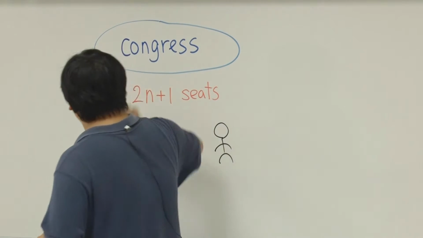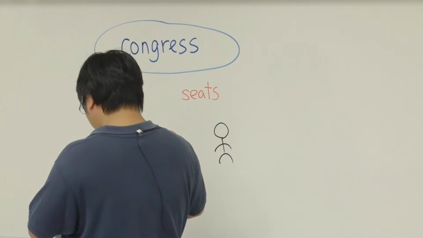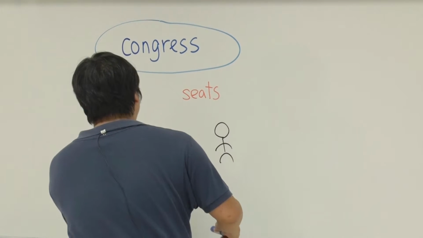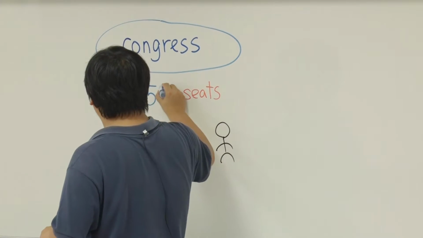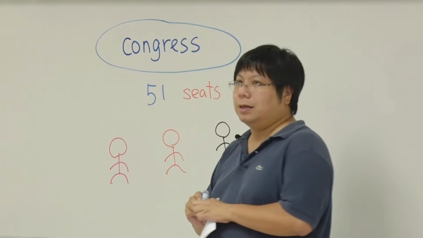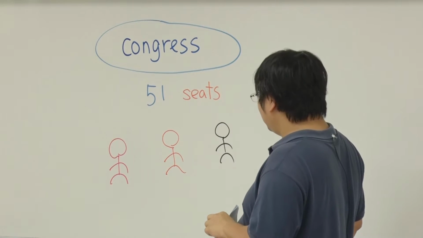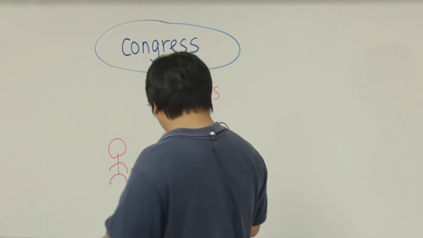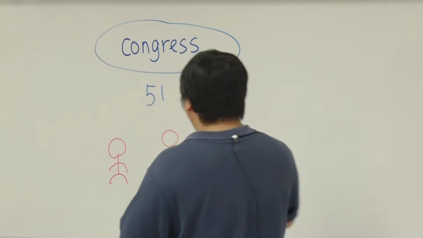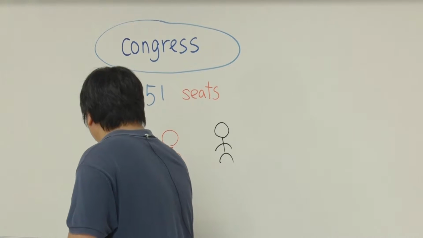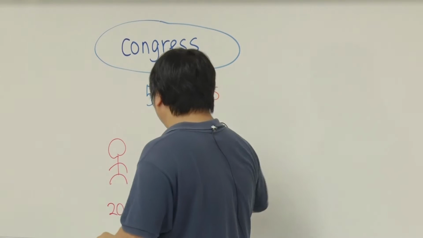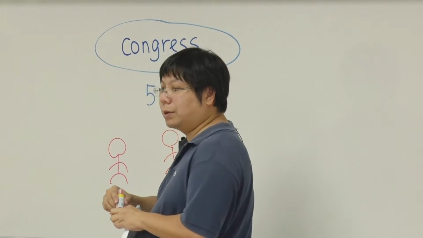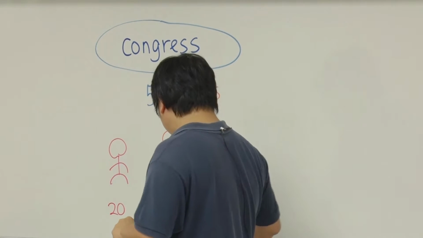For instance, let's say they are altogether 51 seats. During an election, maybe red gets 20, maybe orange gets 10. So black will get how many? 21. Is that okay?